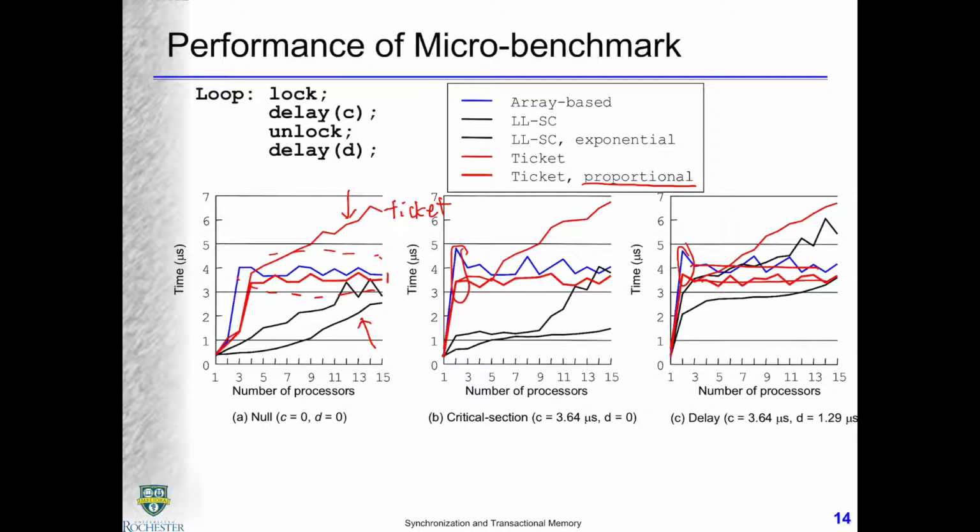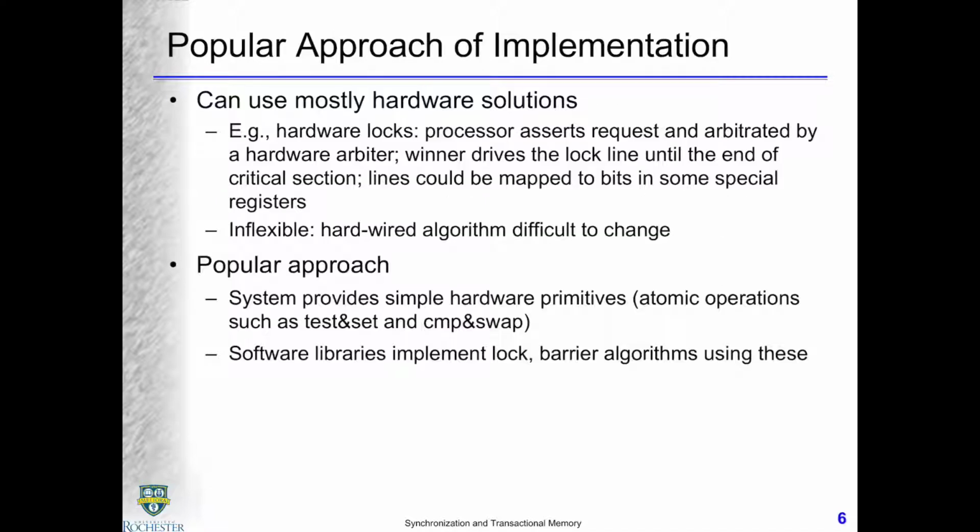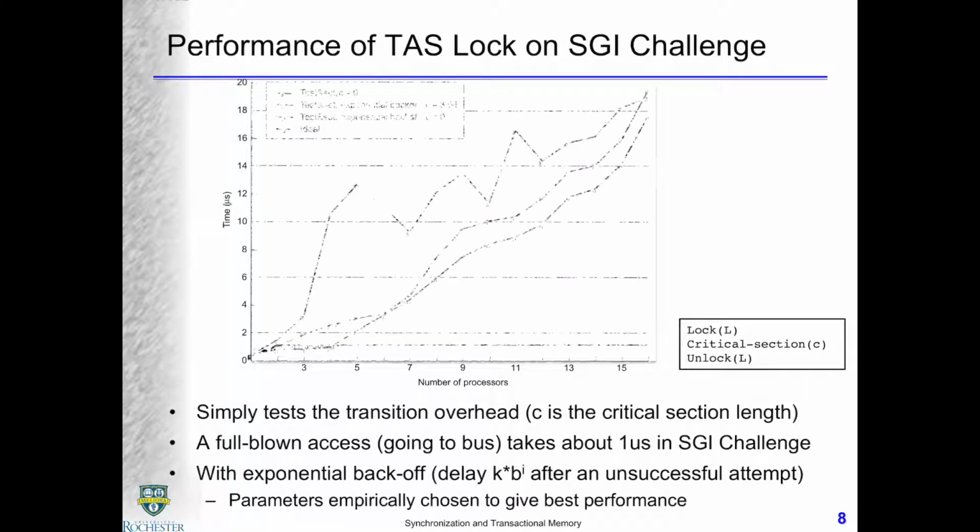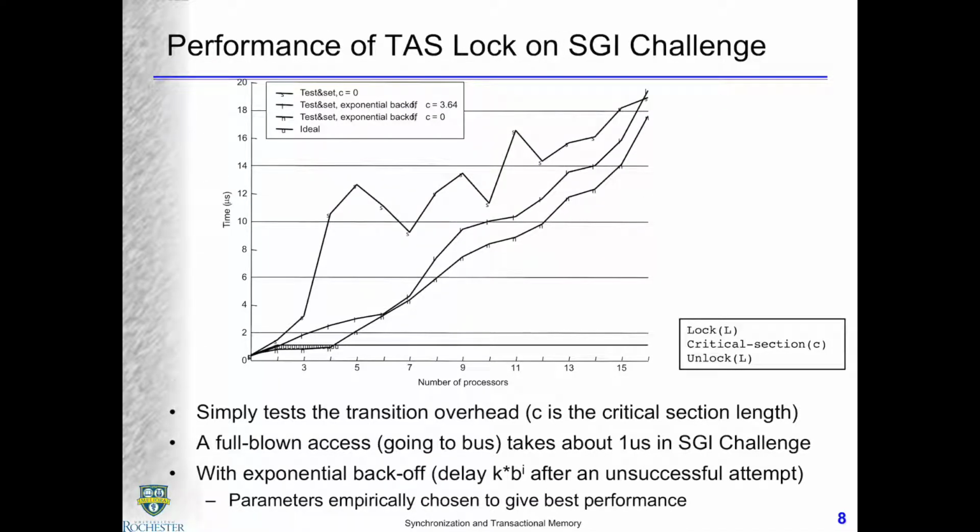The other thing to mention is that even though this looks kind of bad, it's high, the scale wasn't the same as what we were using before. Take a look at this is 7. If we go back I think it was here, right? Here, when we were using test and set, this line over here, you can see as we go to 15, the scale is much higher.